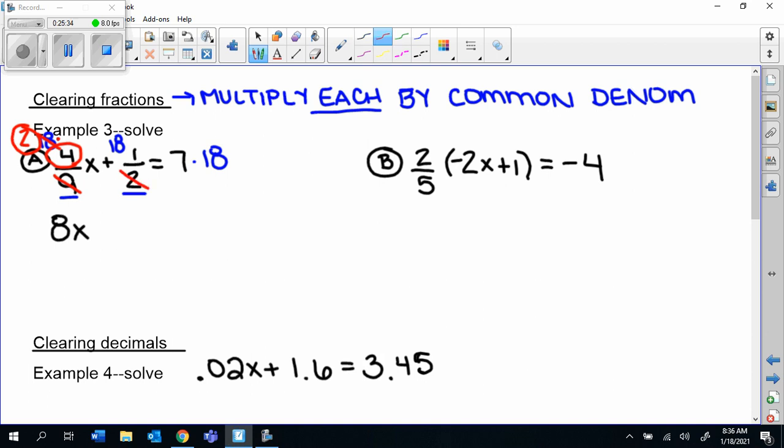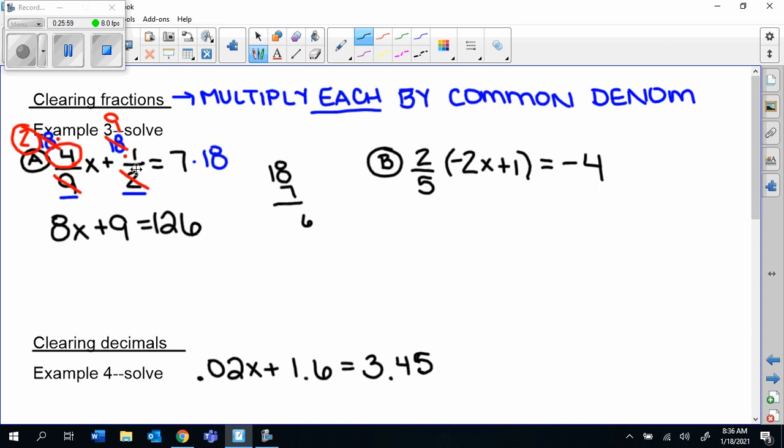This 2 divides into this 18, leaving 9. So 9 times that 1 that's right there is a plus 9. Then 7 times 18 is 126.